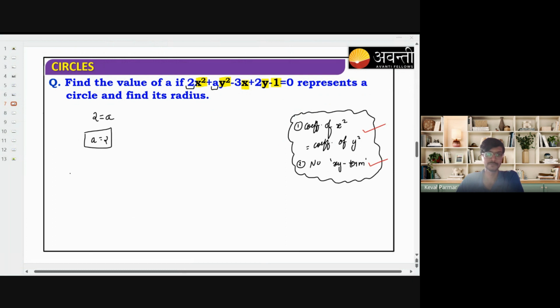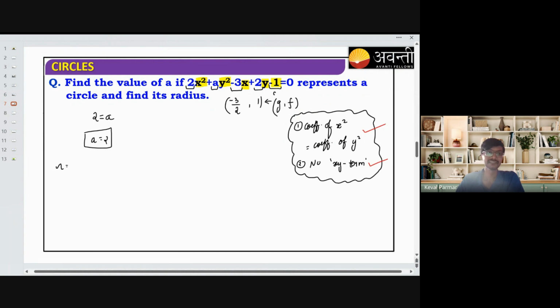And also we have to find the radius. For the radius we need the center. So please remember, this is the coefficient of x and y, and we divide by 2. If we divide by 2, I'll get 3 by 2 and 1. And you know that this is g comma f, correct? And what is the value of c? It is minus 1.